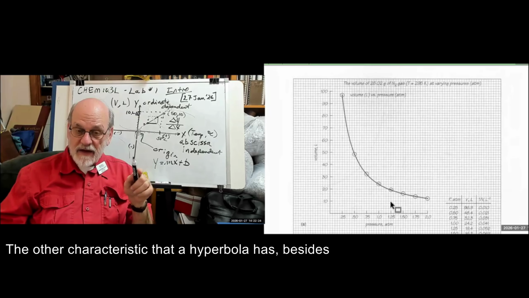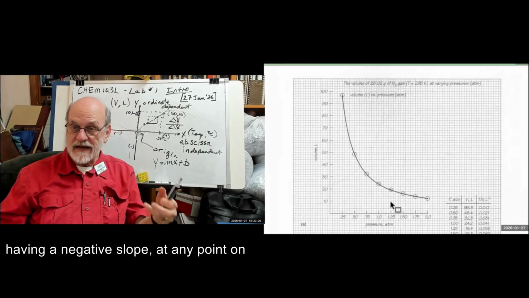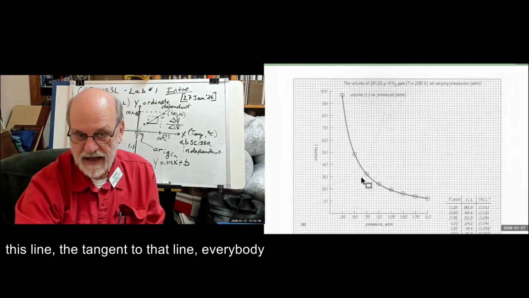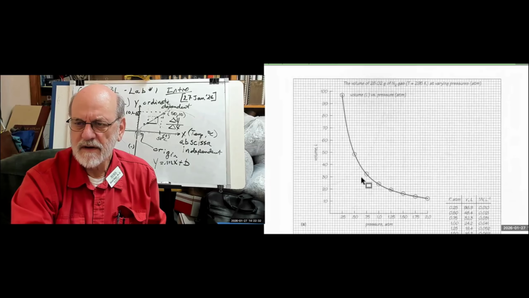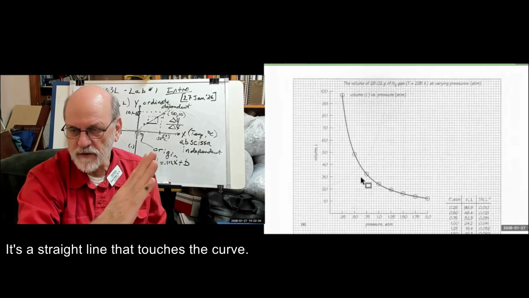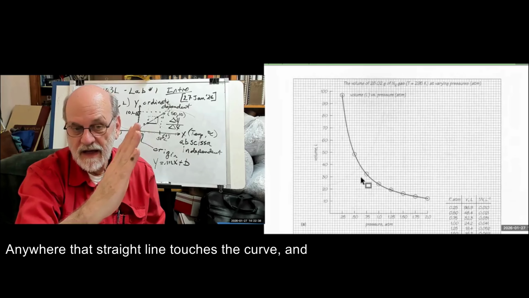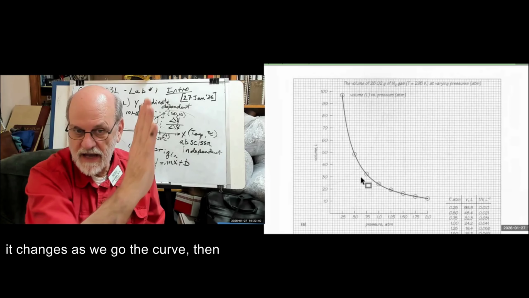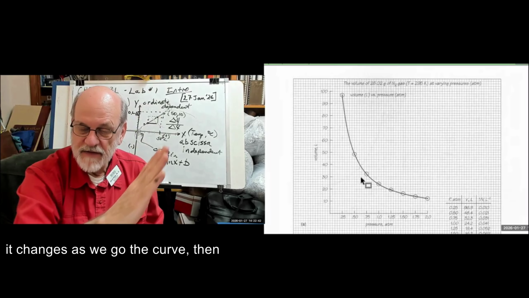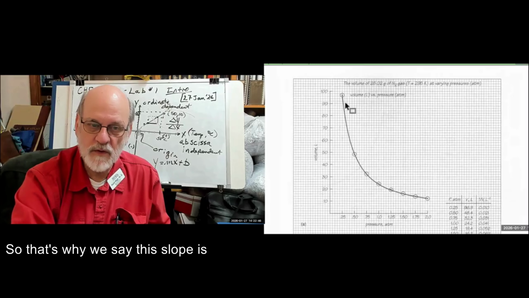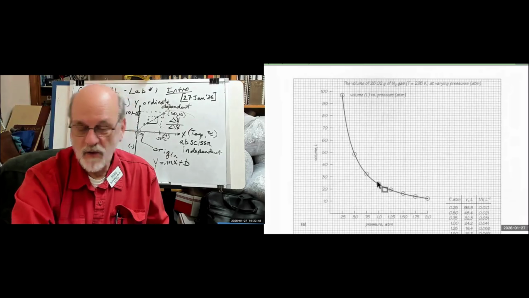The other characteristic that a hyperbola has, besides having a negative slope, is that at any point on this line, the tangent to that line, everybody know what a tangent is? It's a straight line that touches the curve. Anywhere that straight line touches the curve, and it changes as we go along the curve, the slope of that line is negative. So that's why we say this slope is negative.